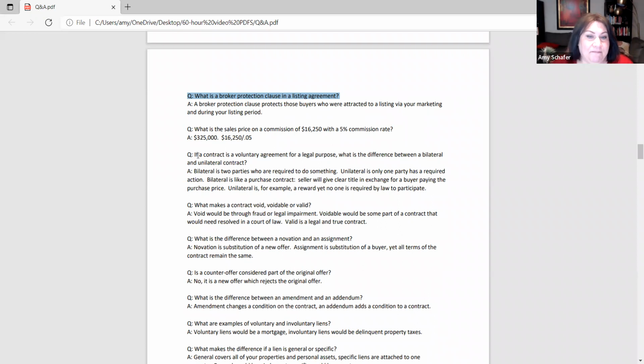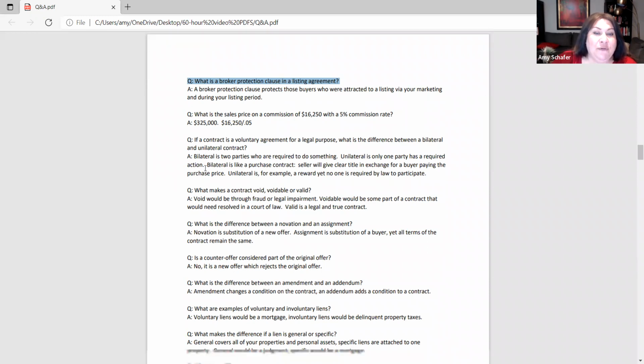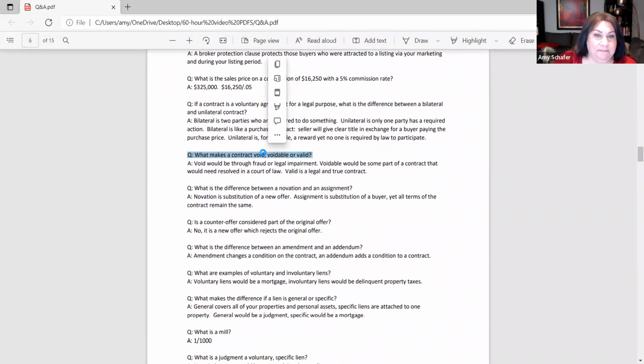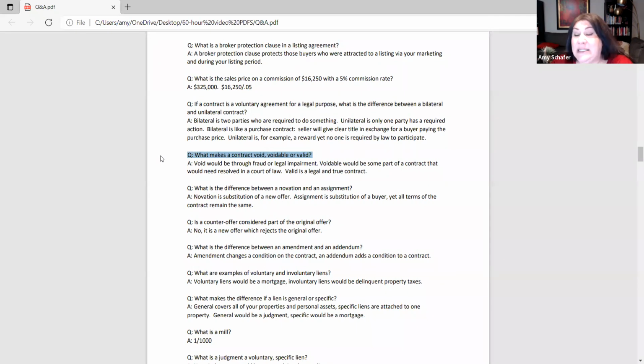Let's go down here to void, voidable, or valid. Valid means it contains all the elements, and on the surface looks like it is for real. It's good to go. But when we've got issues come up, now is it void or voidable? Void is going to happen with fraud, or if someone was already declared legally incompetent in a court of law.